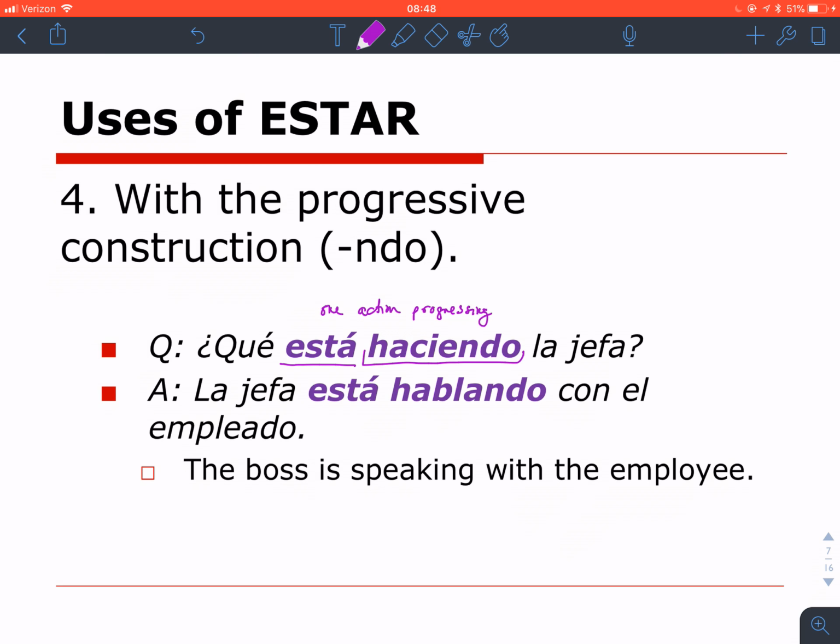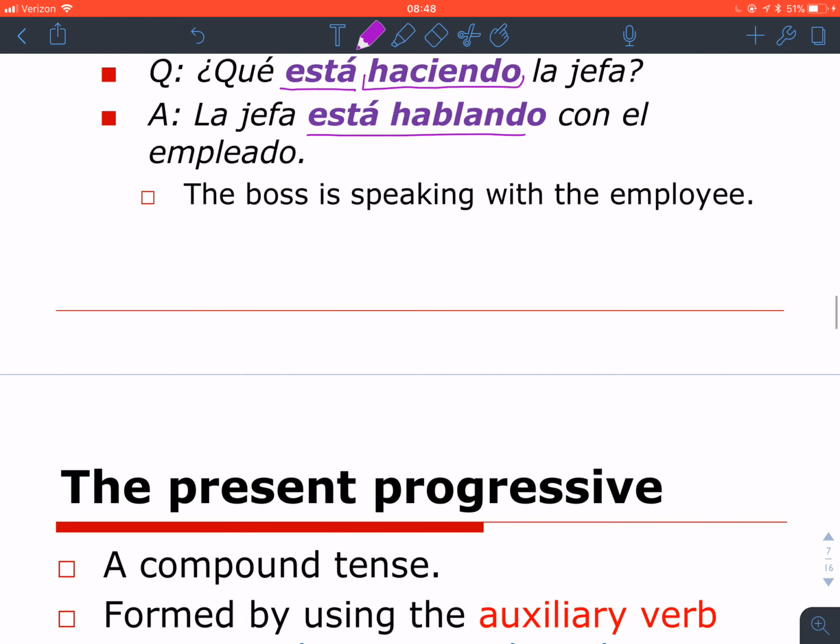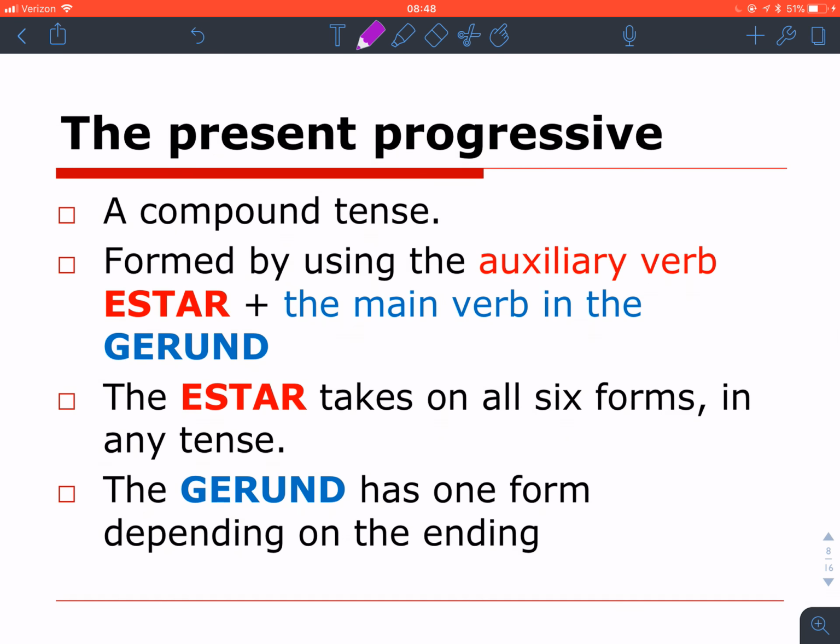So let's have a look at how this compound action is formed. The present progressive is a compound tense. It uses two verbs, an auxiliary verb, which is estar, and the main verb in the gerund form. Estar would be conjugated in all of its possible six forms.